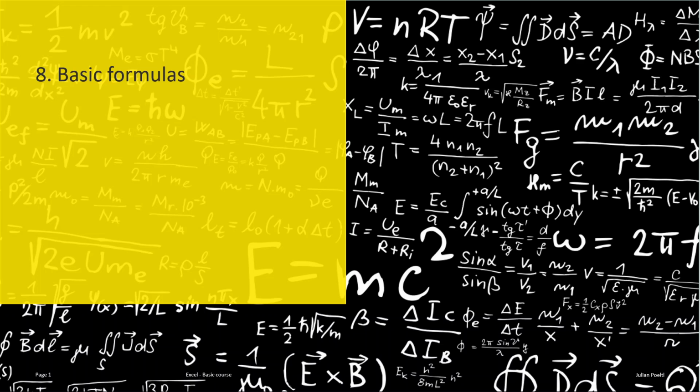I know there's a difference, but for simplification, I will use function and formulas as a synonym here in this course. But you know there's a difference between function and formulas.